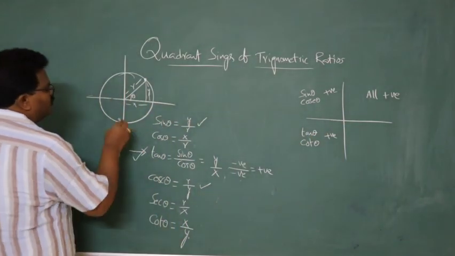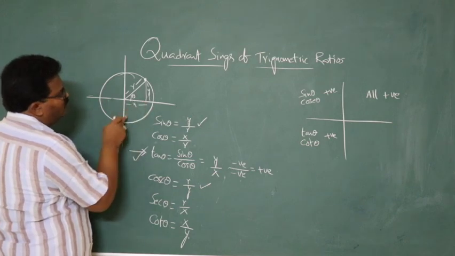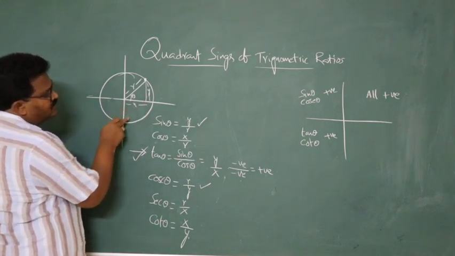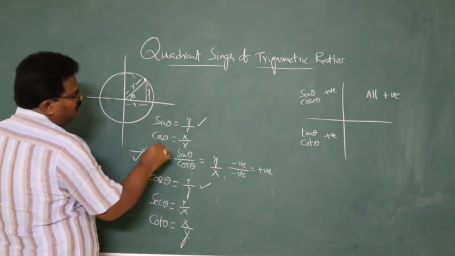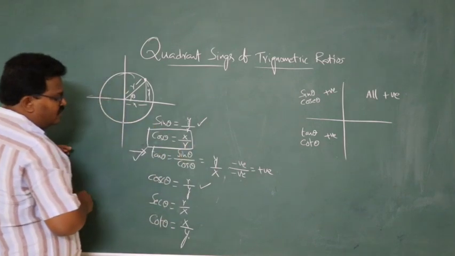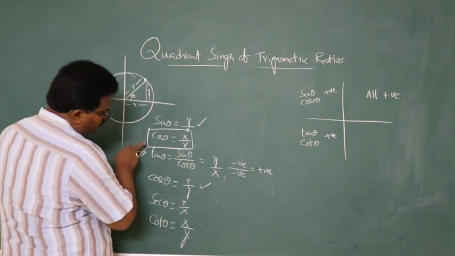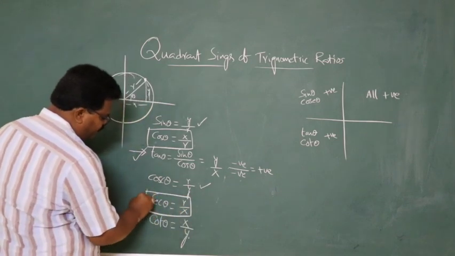So come to the fourth quadrant. In the fourth quadrant x is positive, y is negative. So x is positive, x is there in cos theta, and the reciprocal of cos theta is secant theta.